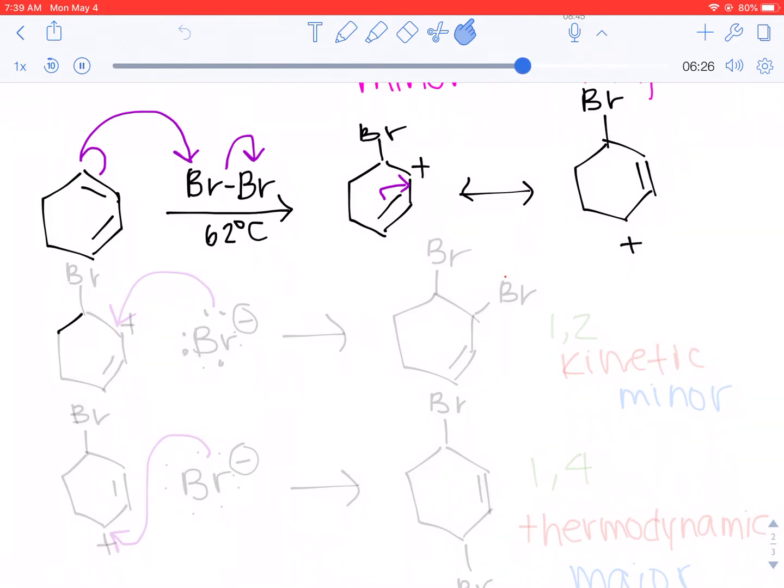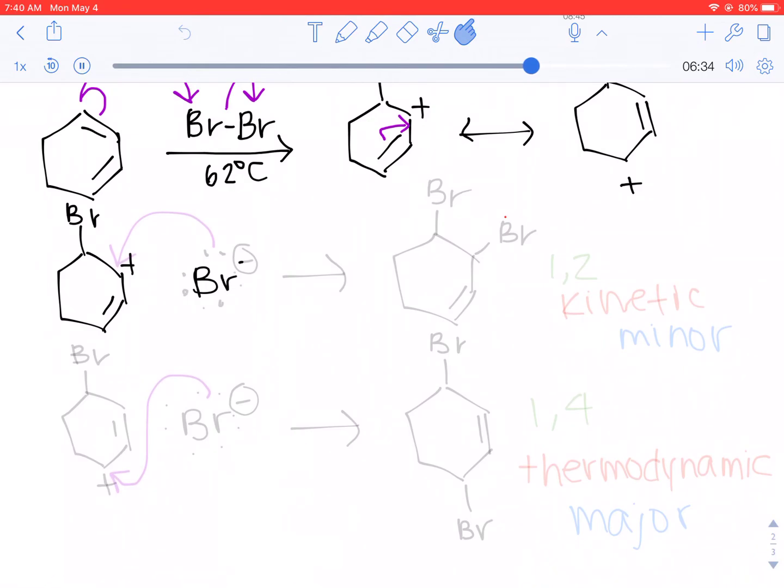Then, similar to what we did before, we will use both of these carbocation intermediates and react them with the bromine ion that remains. The electrons from the bromine ion will attack the positively charged carbon to form the 1,2 product.